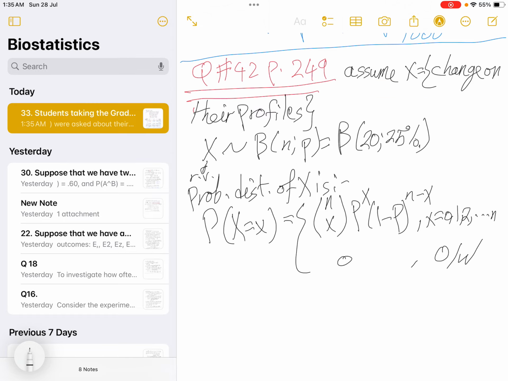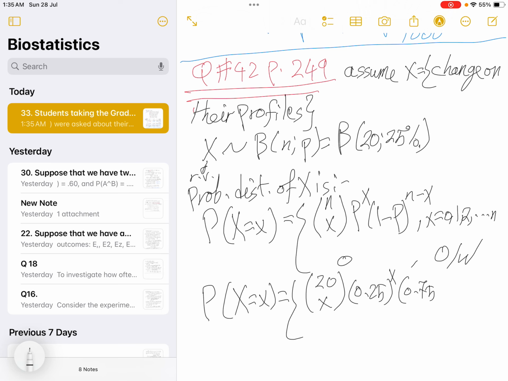Notice here, instead of n put 20 over x, instead of p 0.25 to the power x, 0.75 to the power 20 minus x, x equals 0, 1, 2 up to 20, 0 otherwise.